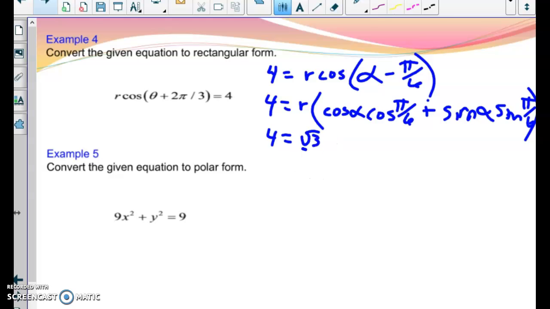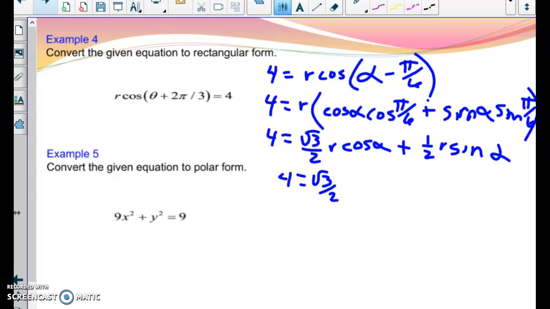So square root of 3 over 2 r cosine, and plus the sine is the y, gives me a half. So I'm going to say half of r sine. And I know that r cosine is equal to x, r sine is equal to y.